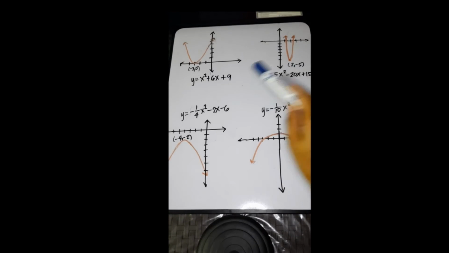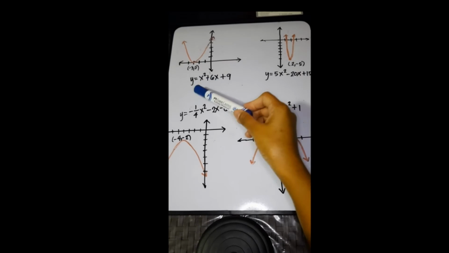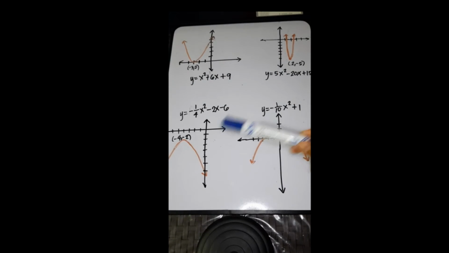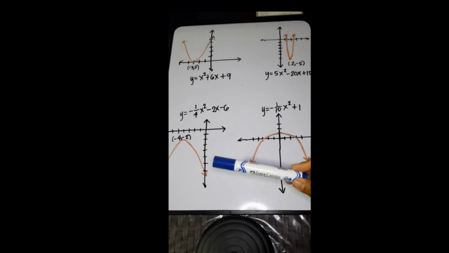So we have here 4 graphs of a quadratic function. And as you can see, the parabolas may open upward, just like these two, or downward. And also, some of the parabolas open wider, while some open narrower.